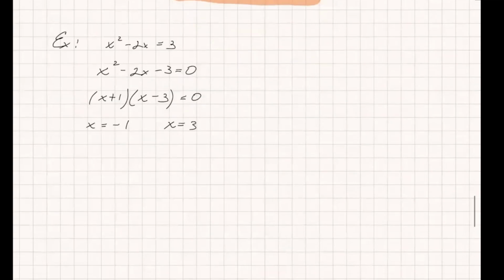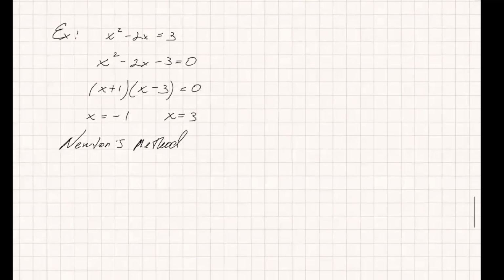Now, I will just focus on one of those roots to do Newton's method. So if we use Newton's method to find one of these roots, let's say x = 3, I need to first determine what my f of x is. First step is to determine f of x.